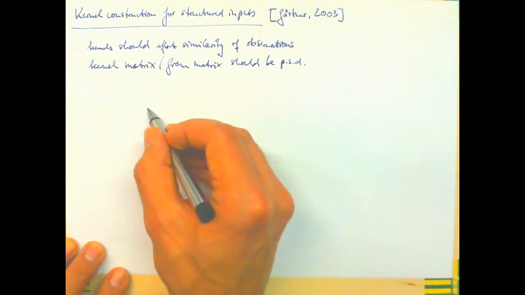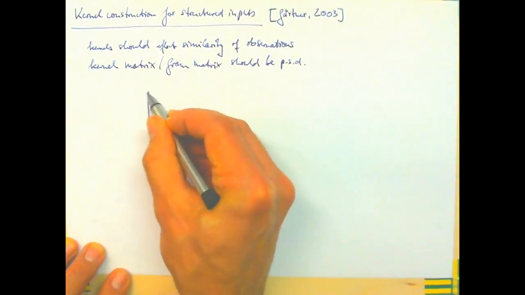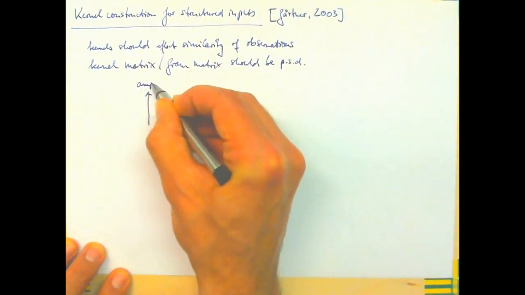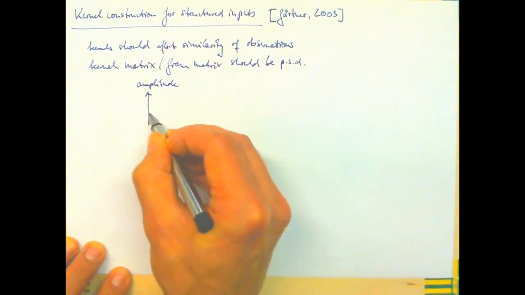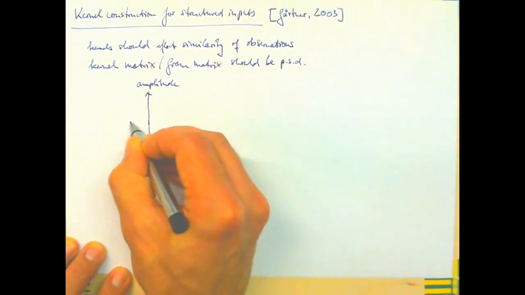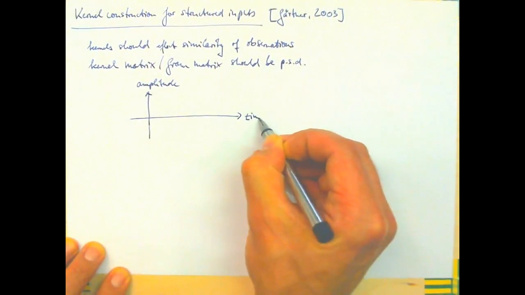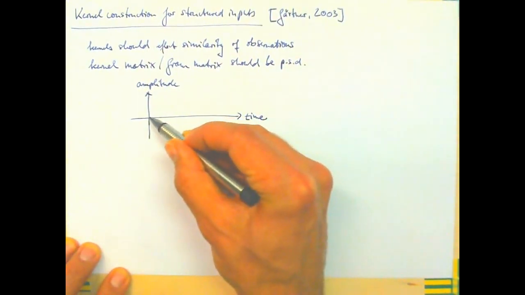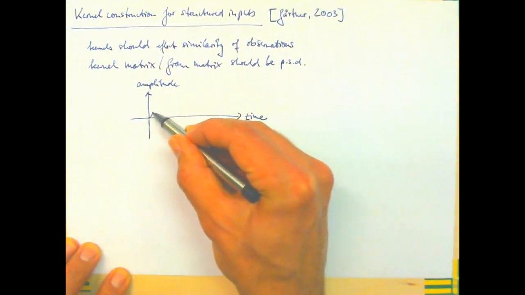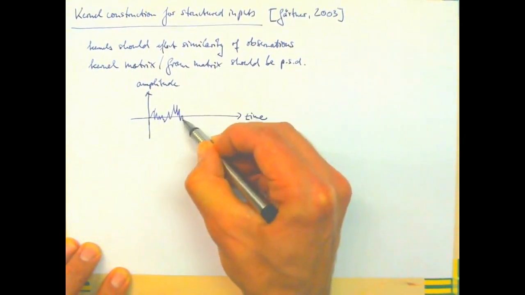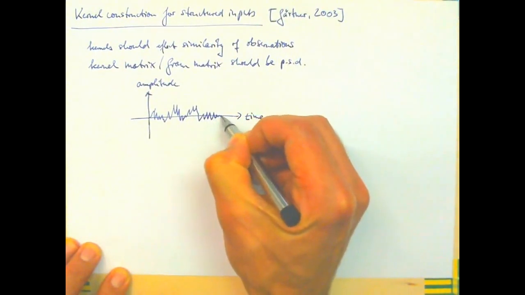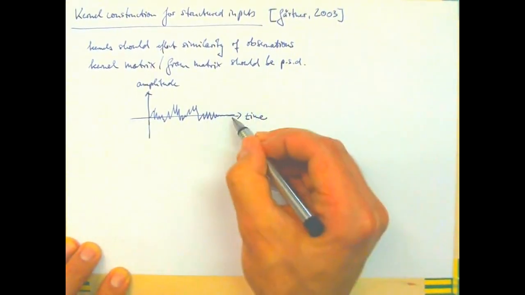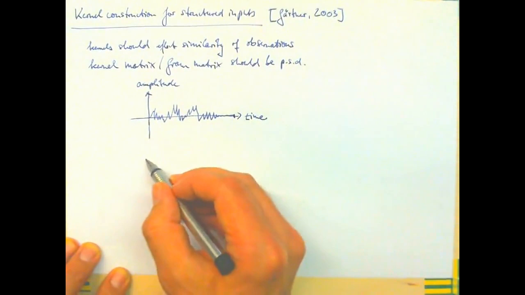In particular, we looked at things like the RBF kernel, but consider the following situation. Let's say you have a speech recognition system, and the observation that you get is a function of amplitude over time. And we now have a reference measurement. So somebody said, for example, a number. Let's say somebody said the number 1, and if you take a microphone and look at this, you will get a waveform. Let's say a waveform that looks something like this.